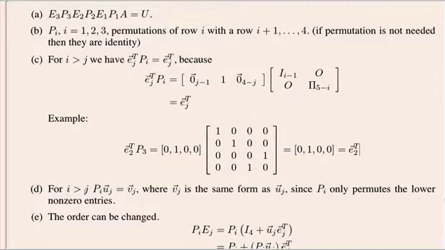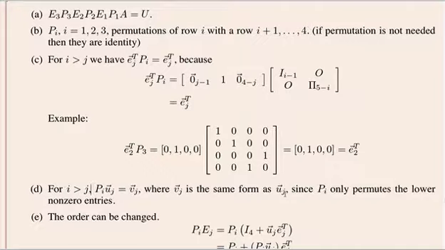Also, if i is larger than j, then when we multiply the permutation matrix with a vector on the left-hand side, this has a similar property: it's a v_j vector, where v_j is the same form as u_j, which means that we don't change the first j entries.